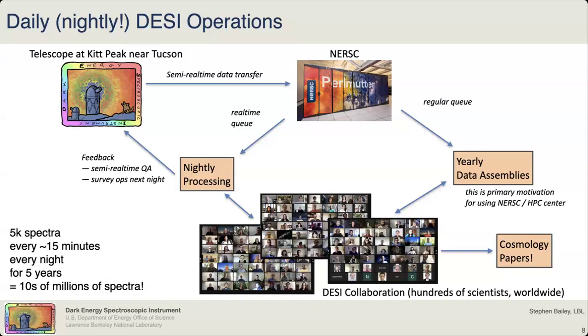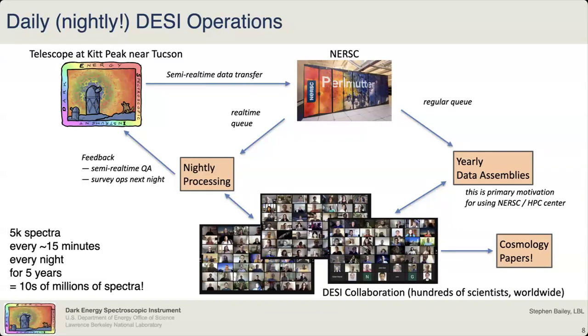And so this is where we use the big iron to process that. And then we give that data to our hundreds of collaborators worldwide who are all logging into NERSC to do their analyses, some of which also need the NERSC big iron to be doing simulations and analyses and studying those statistical properties. And that runs into the cosmology papers.